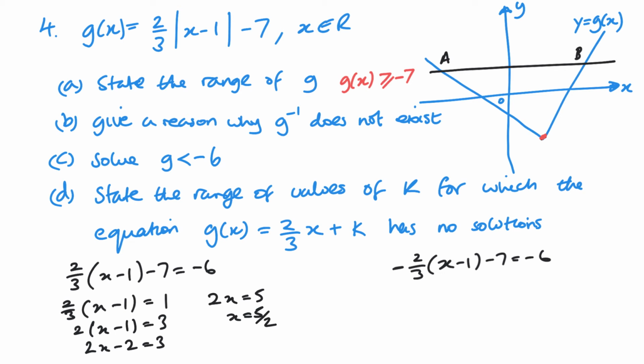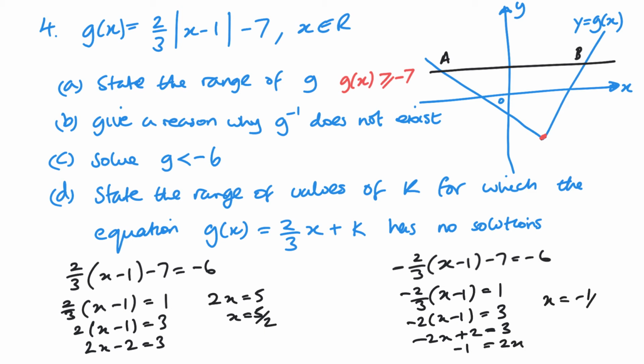That's my first answer. Let's do very much the same thing here. Multiply by 3, and this time minus 2x plus 2 equals 3. So 2x equals minus 1. So x is minus 1/2.